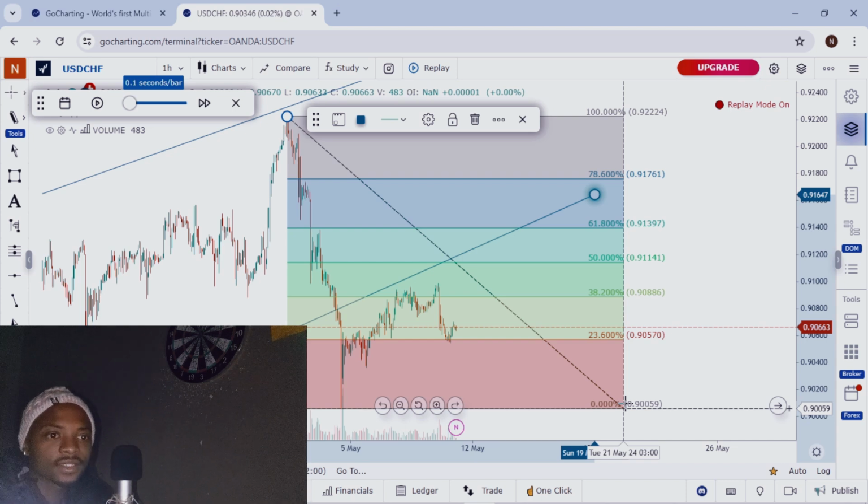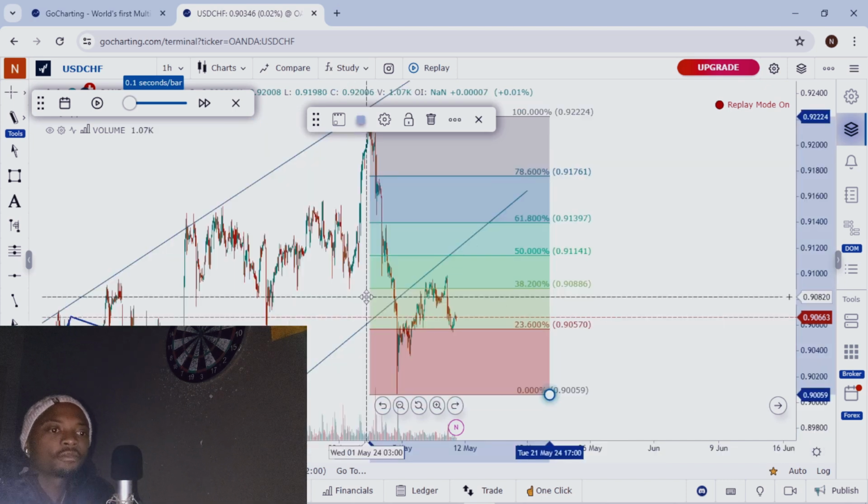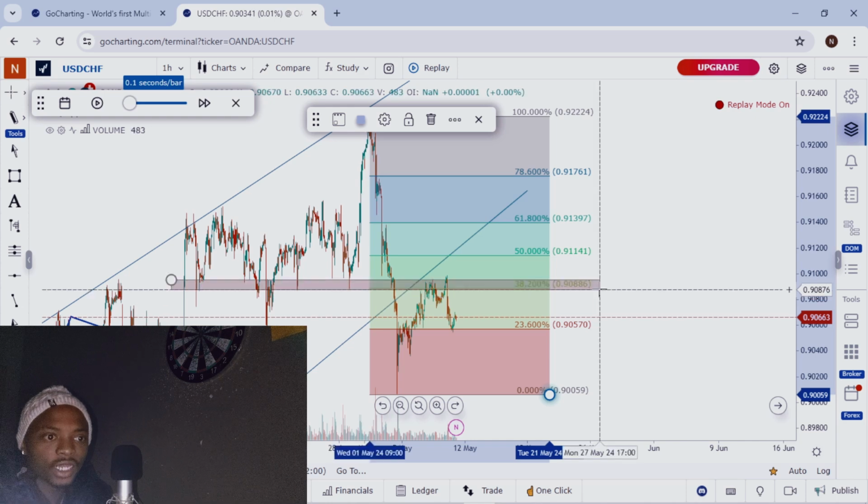So looking at this, a lot of traders would think this area right here is where we're going to see price retest because we have a lot of resistance, or this is where the previous support actually was, right? But then I would disagree.